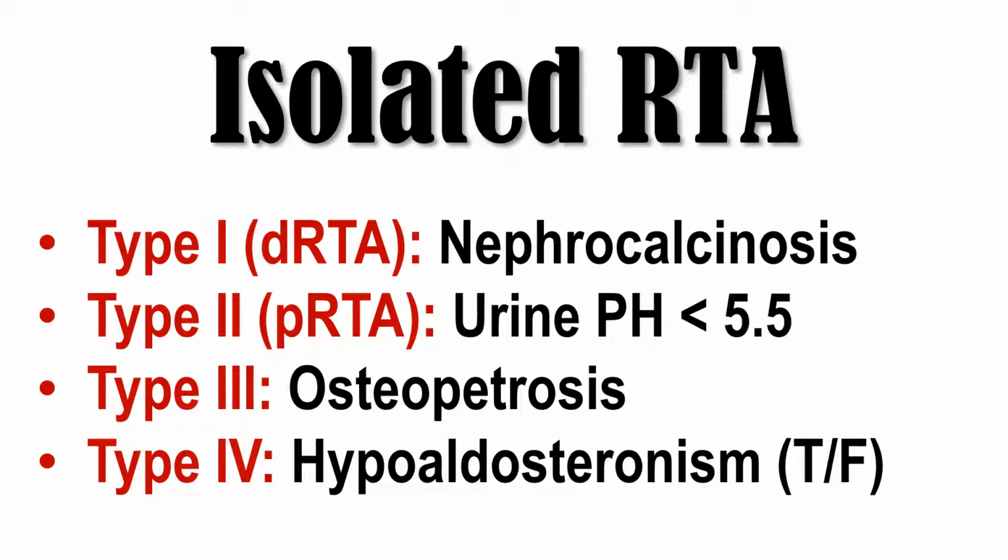In the proximal one, we can still acidify the urine because the distal mechanism is intact, so the pH of the urine can decrease below 5.5 with an acid load. Type 3, which is a mix of 1 and 2, is present uniquely in osteopetrosis. And type 4 is due to pseudo-hypoaldosteronism or true hypoaldosteronism.